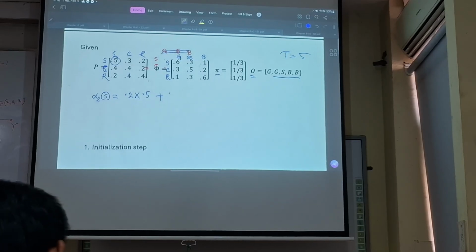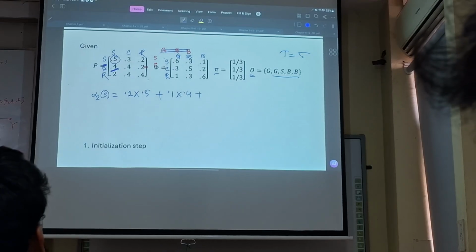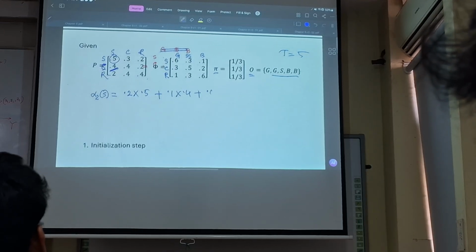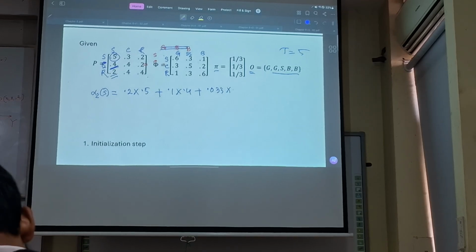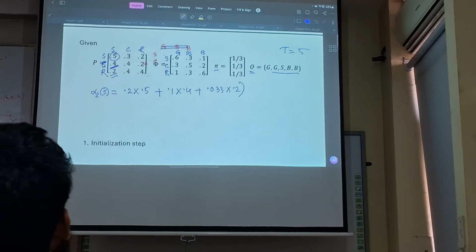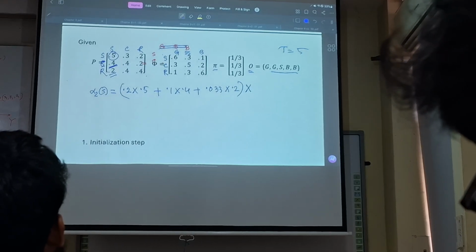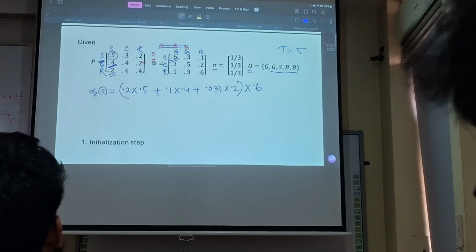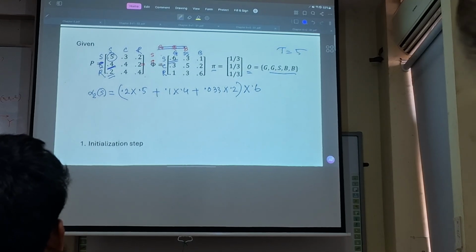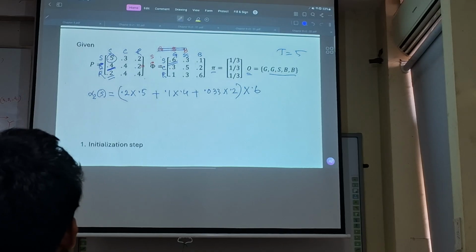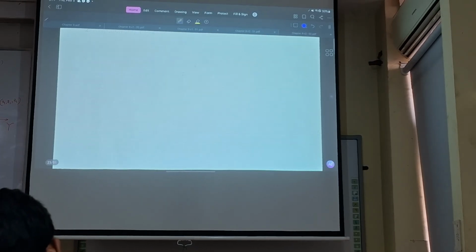What is the value? 0.1, a transition from C to S is 0.4, plus alpha 1r, that was 0.033, into a transition from R to S, which is 0.2. This one multiplied by phi s g, which is 0.6. Okay, let me write the result. The result actually is 0.022. It is here.